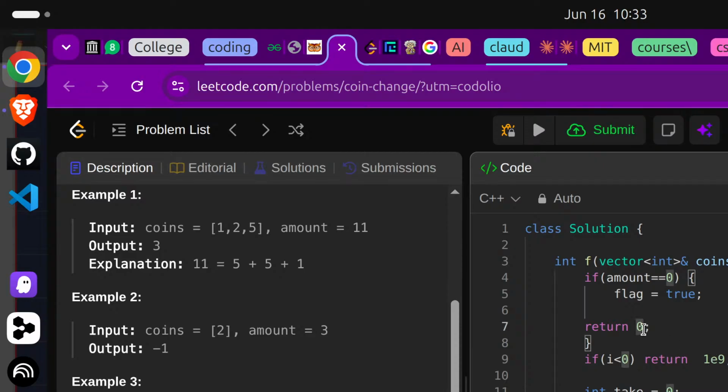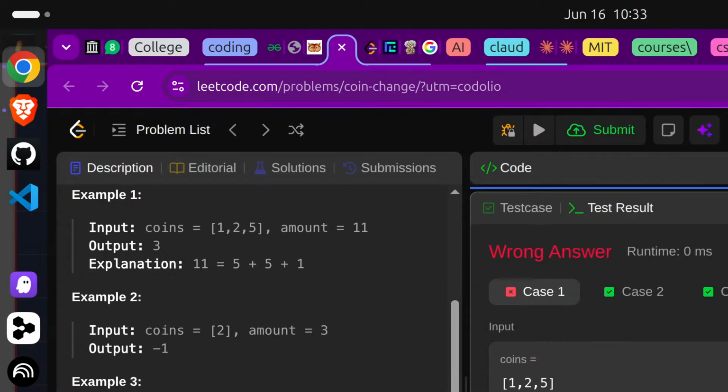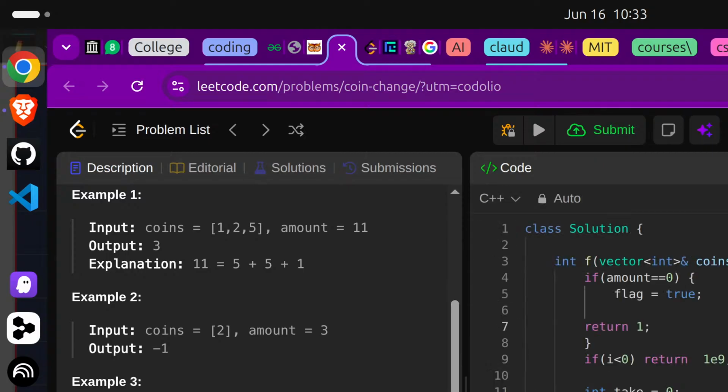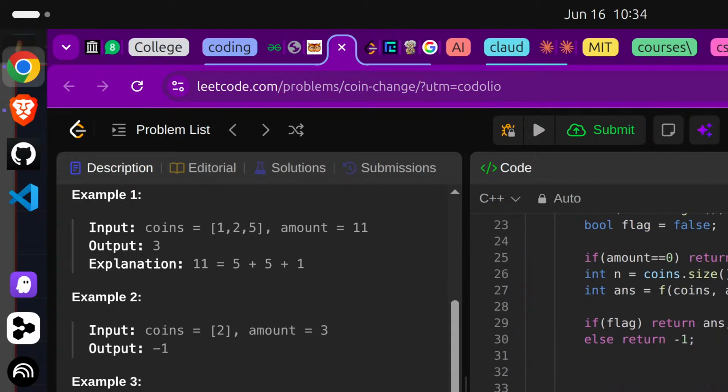Right, so we go for this. I don't know. Again, output is 2, expected was 3, okay. What was okay, so 1 is giving us some.